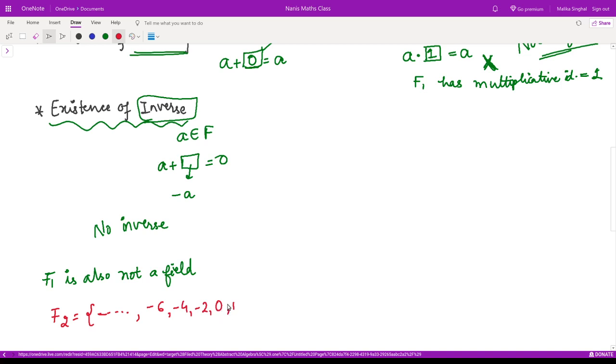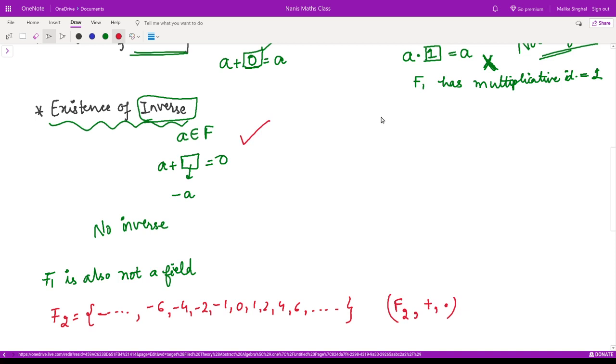Then I should have minus 1 also. Minus 1, 0, 1, 2, 4, 6 and so on, right? So this set F2 together with the operations of addition and multiplication now satisfies these properties.